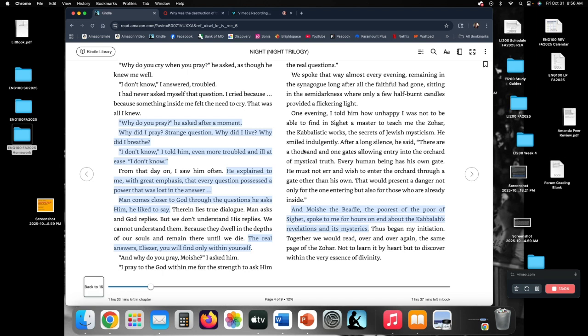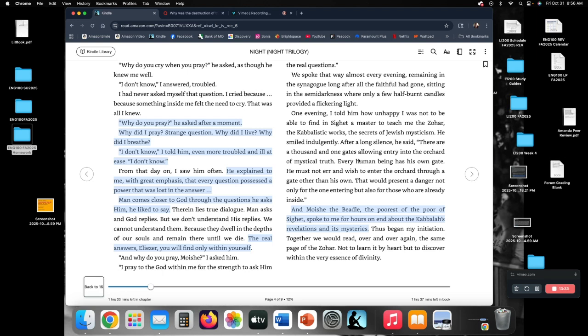And so Moshe comes in and starts talking to him, asks him questions, these rhetorical questions that really get him to think. And he says, for example, he explained to me with great emphasis that every question possessed a power that was lost in the answer. Man comes closer to God through the questions he asks him, he liked to say. And then says the real answers, Eliezer, you will find only within yourself.